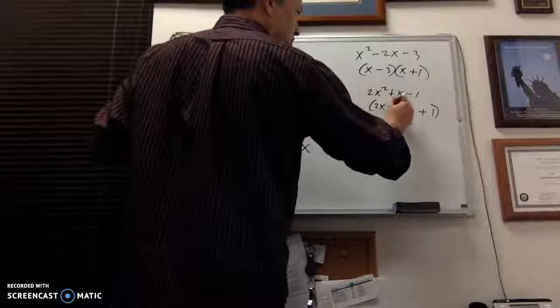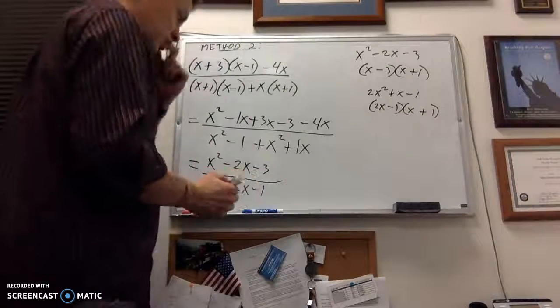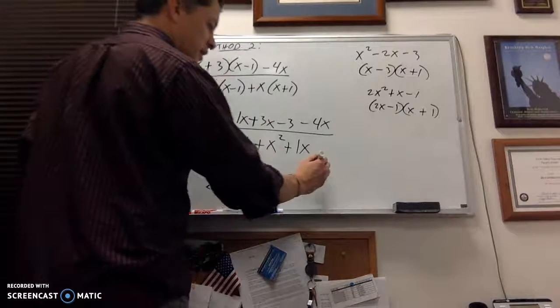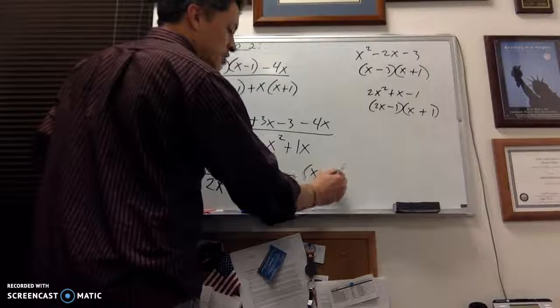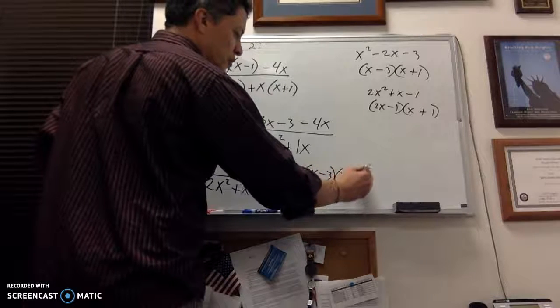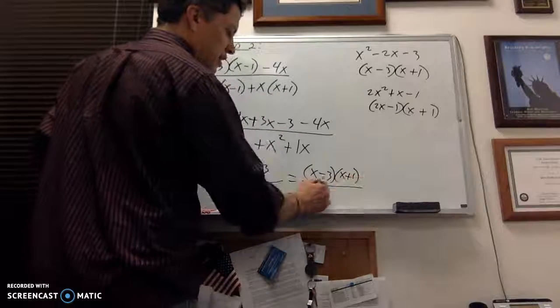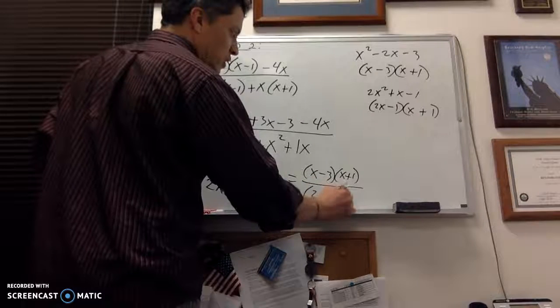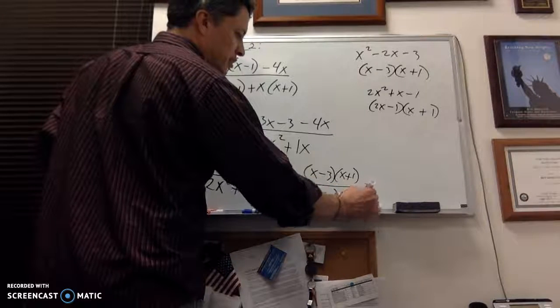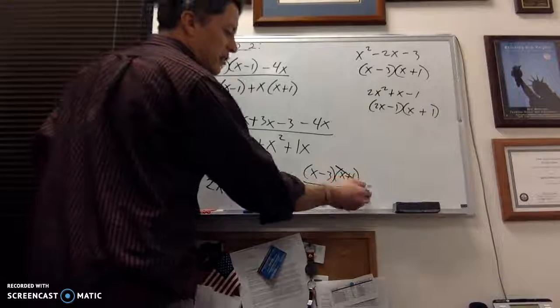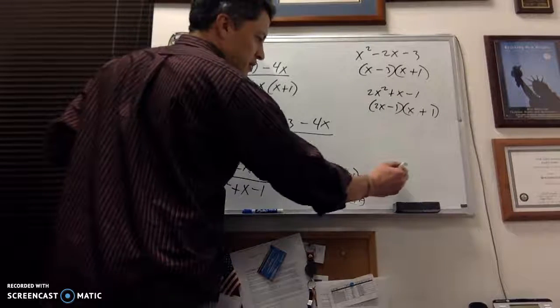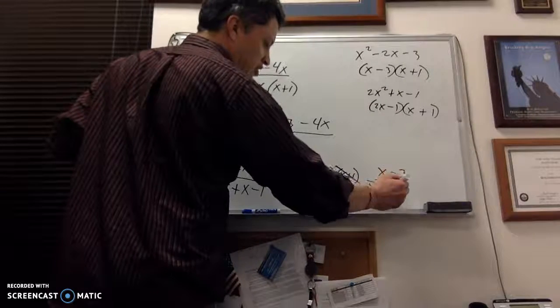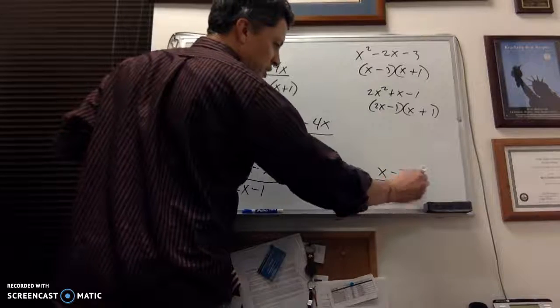It's going to factor nice. Okay, so these guys are going to factor. We've got x minus 3 times x plus 1 in the numerator, and 2x minus 1 times x plus 1 in the denominator. Oh, look at that. My x plus 1's divide out. In the end, I've got x minus 3 over 2x minus 1.